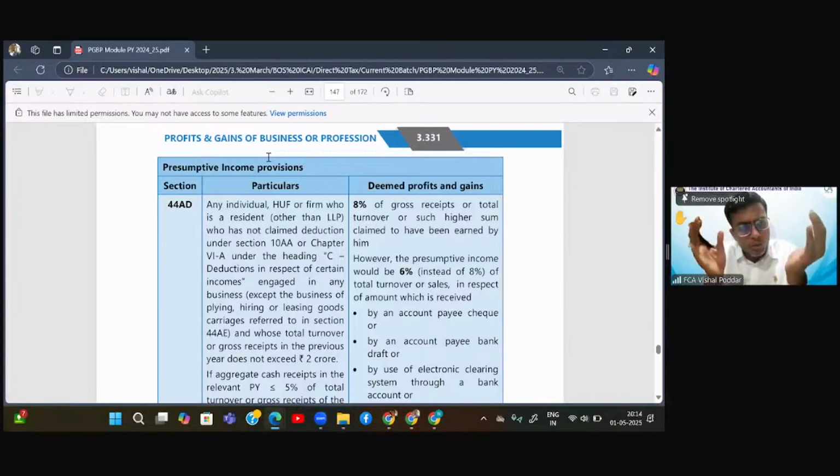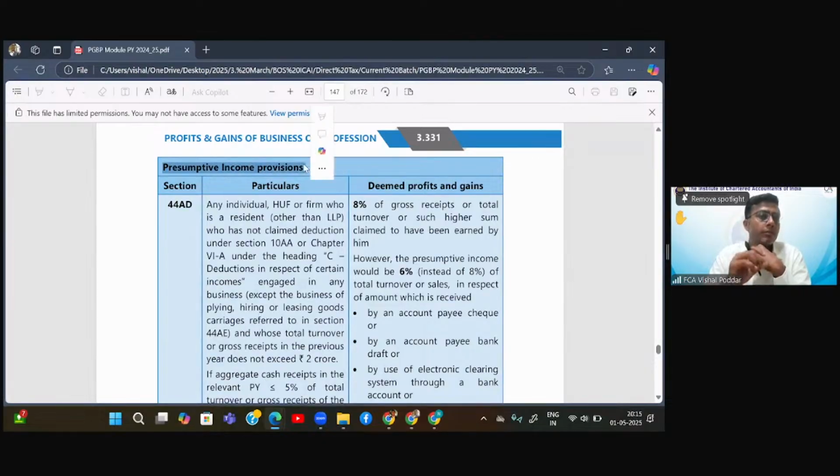Now, instead of doing so much, making a P&L or making that reconciliation, finding out what incomes will come, what expenses will come, doing the calculation of depreciation and so many, the income tax says no need to do so much if you are a small business. If you are a small business, you can compute your income directly. How is that directly computed?